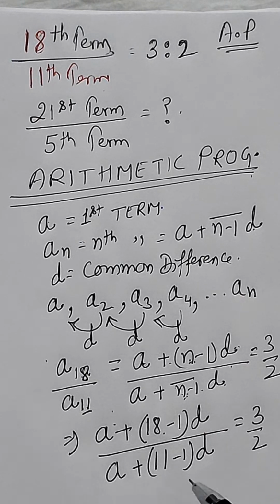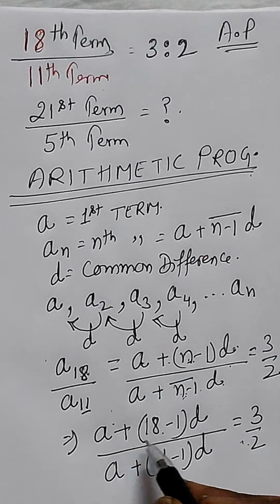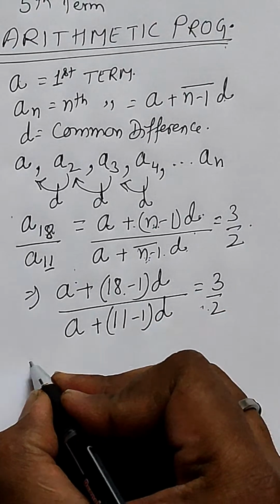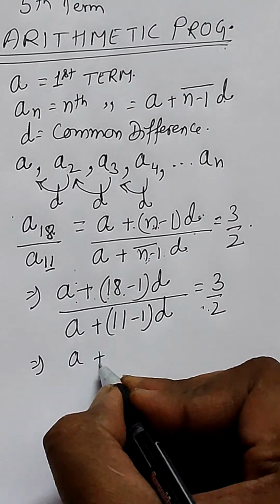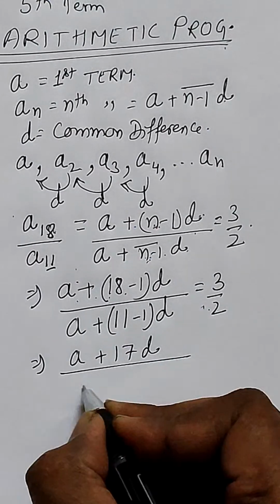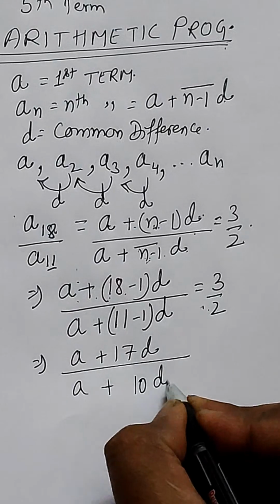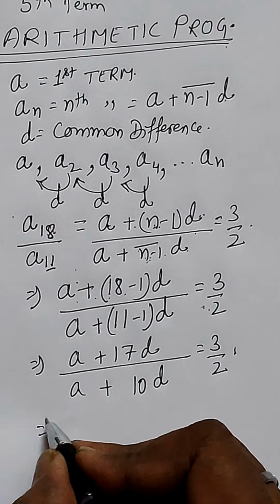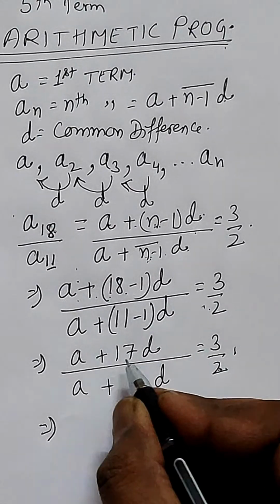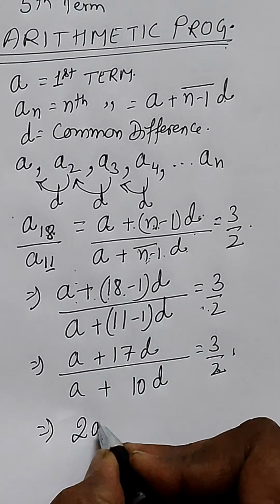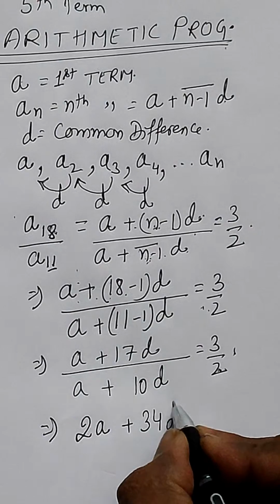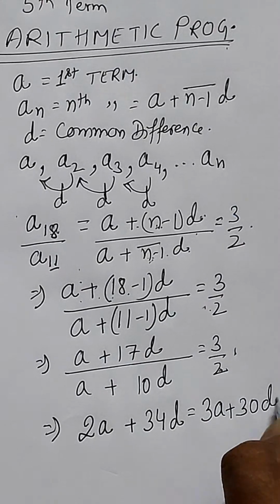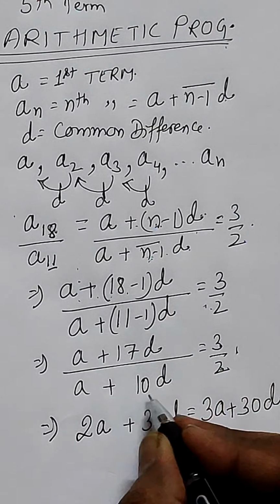Now we solve it. This will be a cross multiplication only. This gives a plus 17d divided by a plus 10d is equal to 3 by 2. In the next step, multiply the 2 with a plus 17d, so this gives 2a plus 34d equal to 3 times a plus 30d, 3 multiplied with the denominator of the LHS.